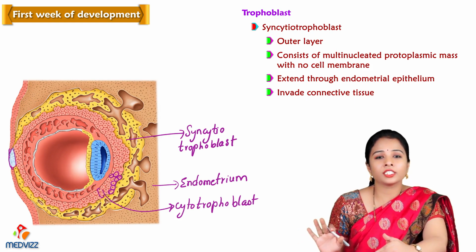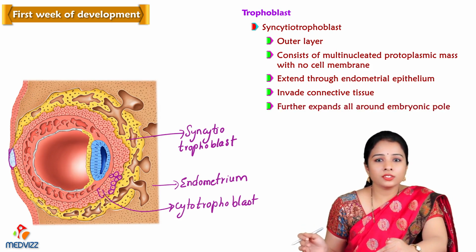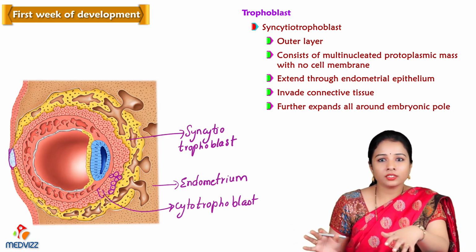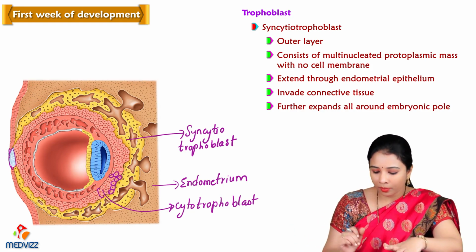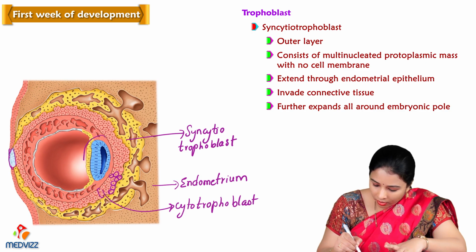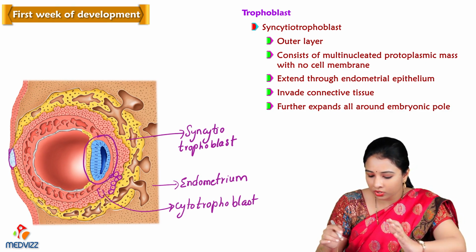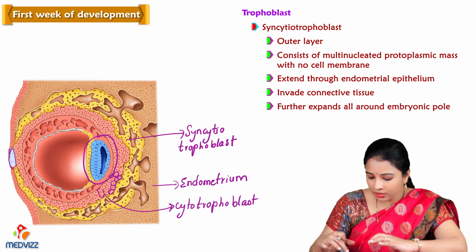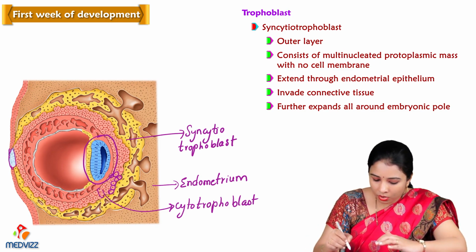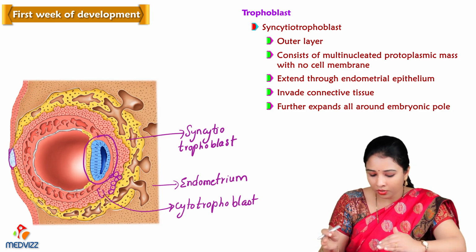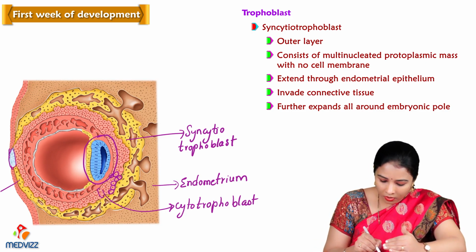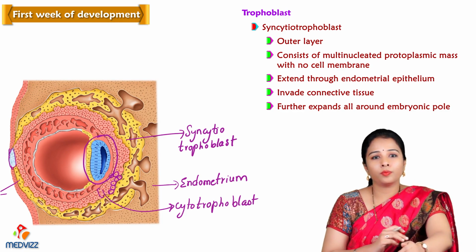And further the syncytiotrophoblast expands, surrounding the embryonic pole. So this is the embryonic pole, where the embryonic cells are arranged in two layers now, and we can see the syncytiotrophoblast is more prominent on the embryonic pole than on the abembryonic pole.